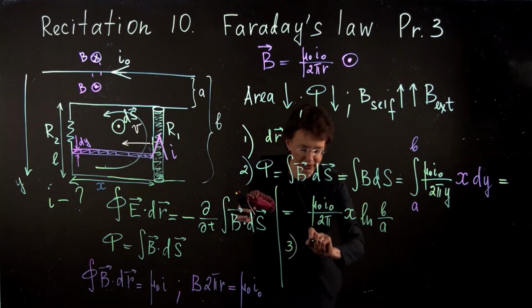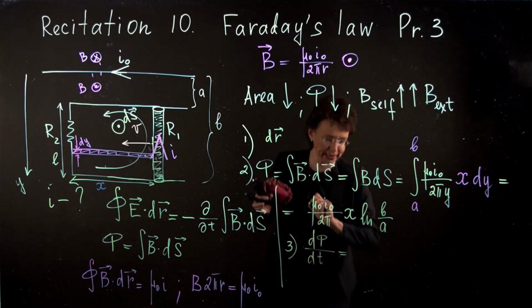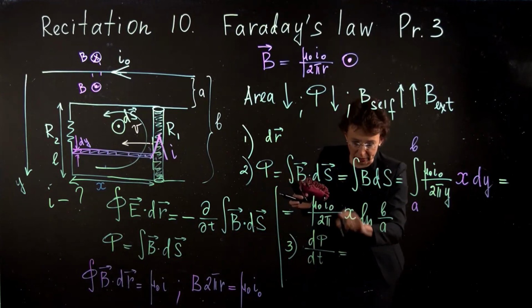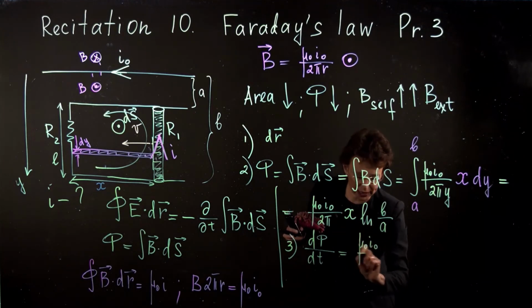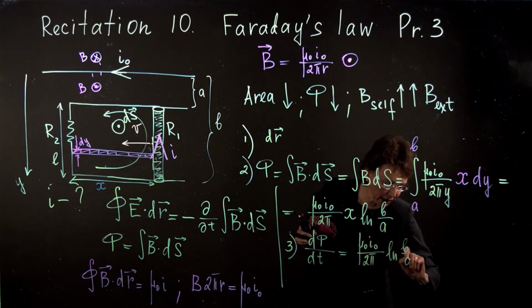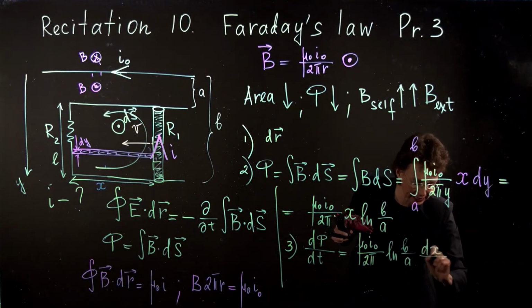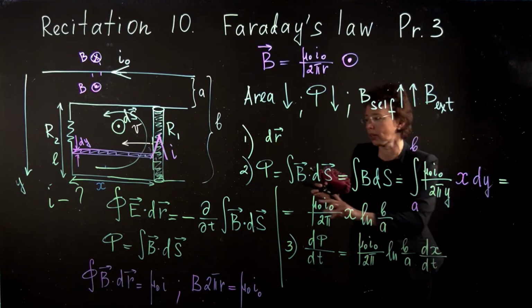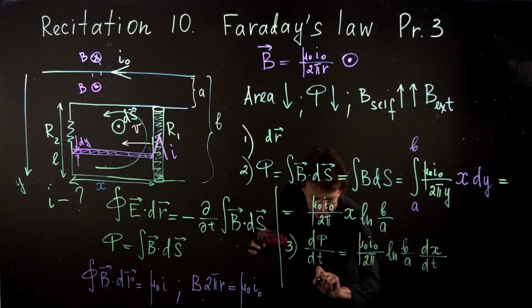Now we take derivative of the flux, d phi dt. What is d phi dt? What changes here with time? x is changing, so it is mu naught I naught divided by 2 pi, logarithmic function b over a, nothing changes with time, and then derivative dx dt, because this length is changing. Okay, so what is dx dt?